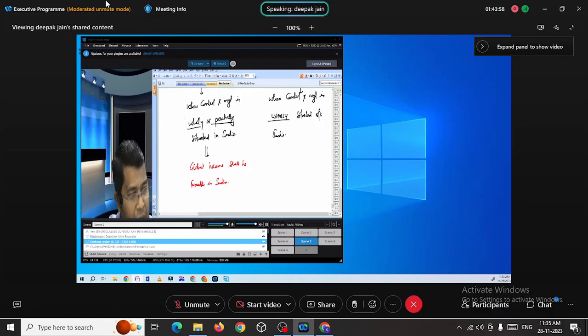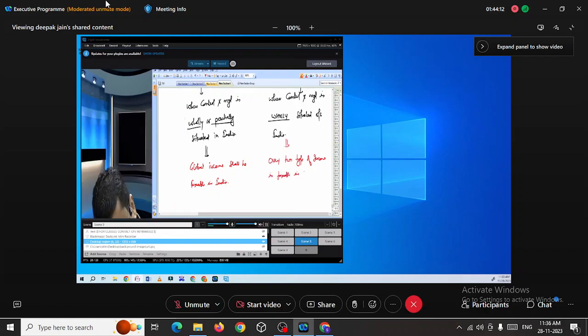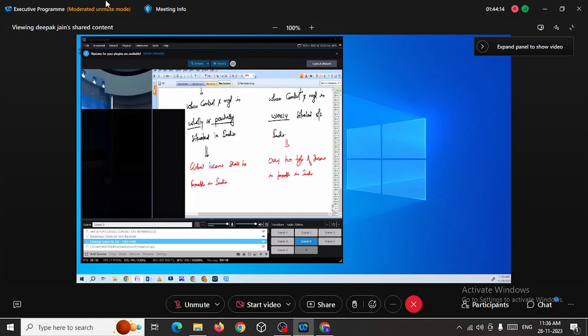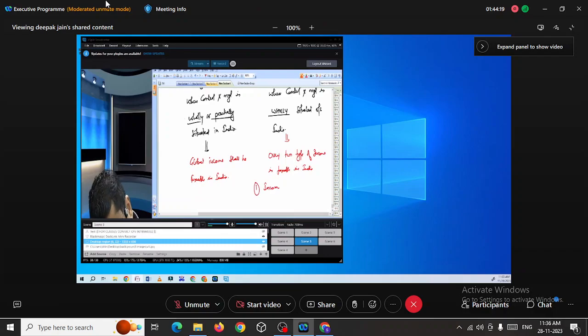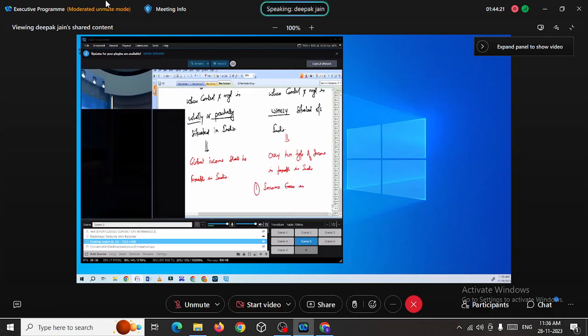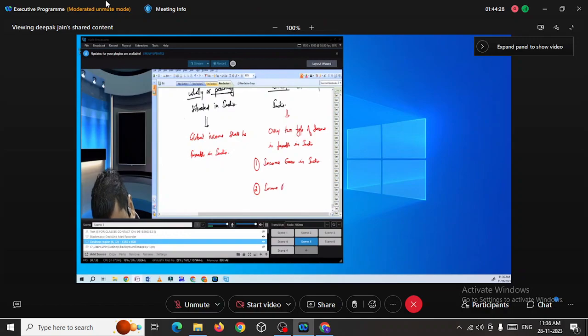If non-resident, only two types of income are taxable in India: number 1, income earned in India, and number 2, income received in India.